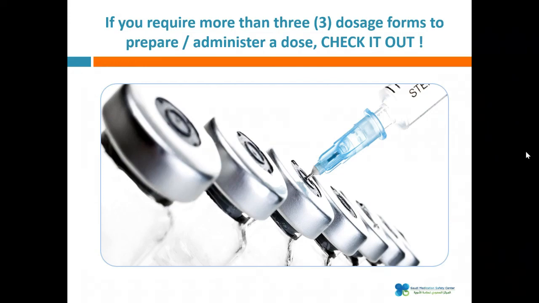This has actually happened. People have administered large doses of digoxin because of transcription errors. So if you need more than 3 vials to prepare or administer a dose, think very carefully about whether the dose is correct.